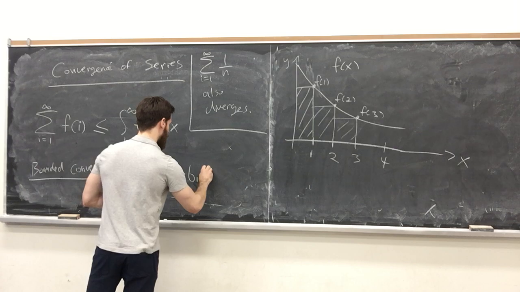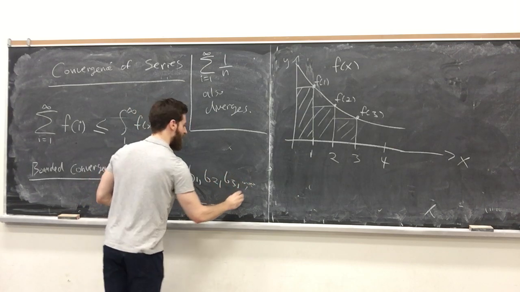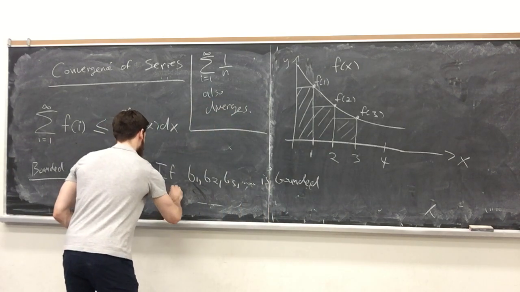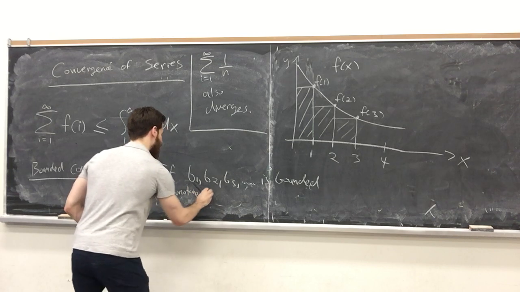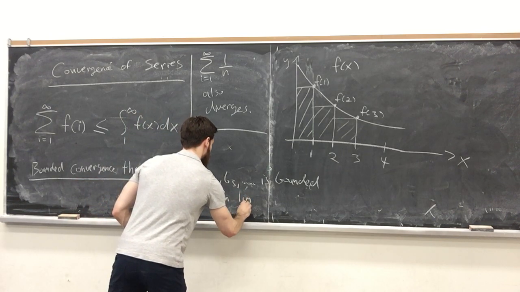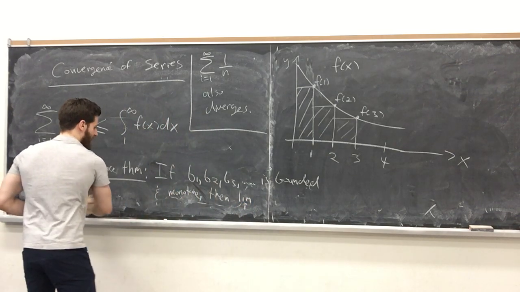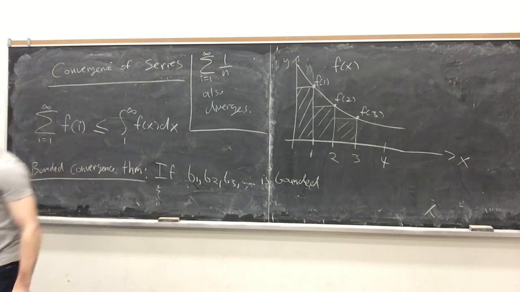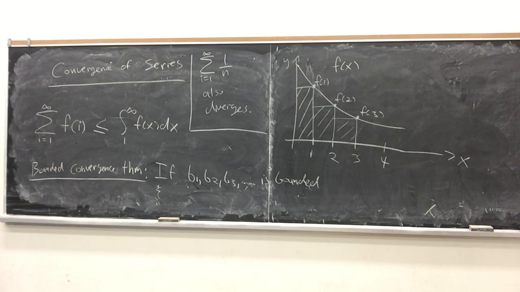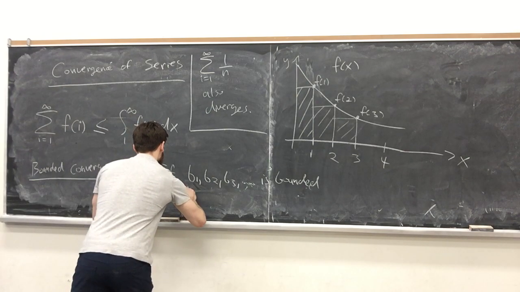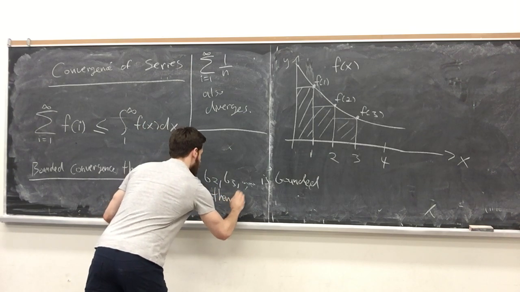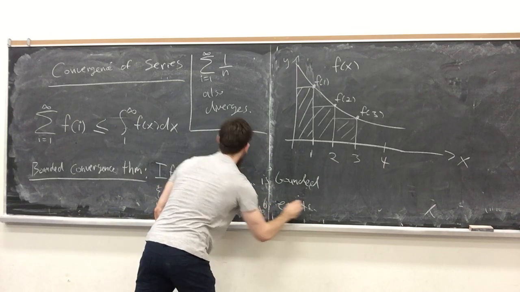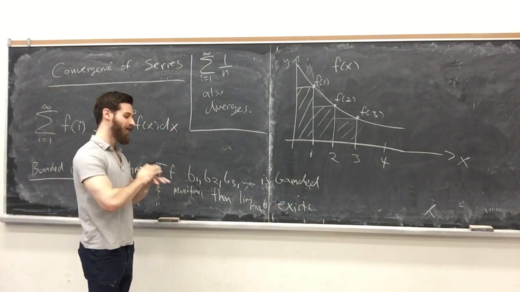So if a sequence e1, e2, e3, etc. is bounded and monotone, then the limit exists.